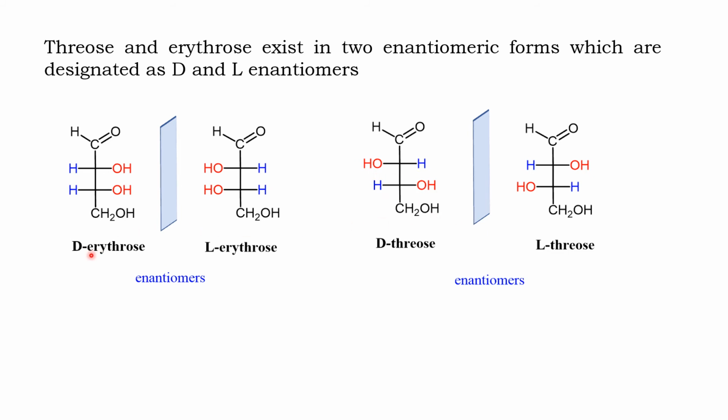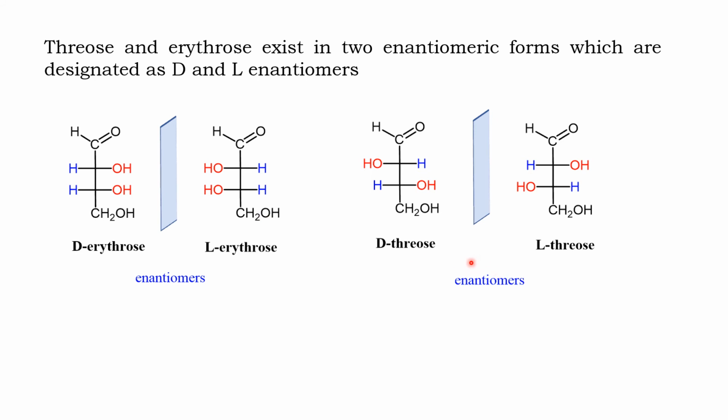D means the OH group is on the right hand side. L means the OH group is on the left hand side. So among the two erythro isomers, there is a D-erythro and an L-erythro. Why? Because in D-erythro, the OH group is on the right hand side. In L-erythro, the OH group is on the left hand side.